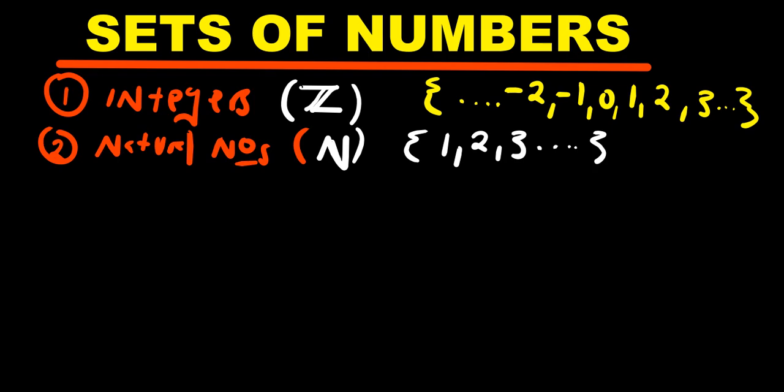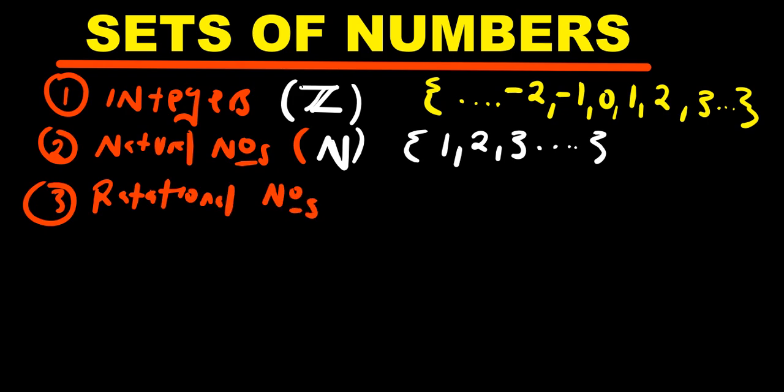Then you also need to understand what we call rational numbers. Or before I go to rational numbers, there are also what we call whole numbers. If you're talking about whole numbers, you're just starting from 0. Now, how are we going to denote rational numbers? Something that looks like a Q, but it has a line like that.